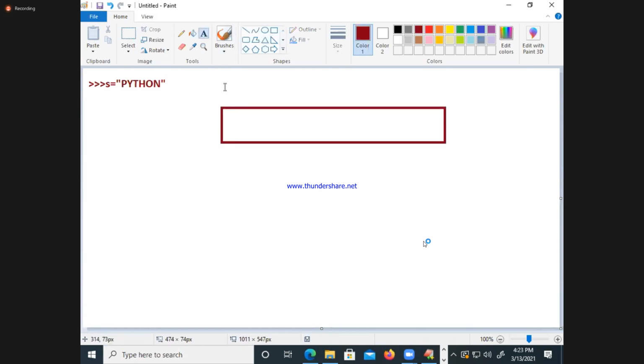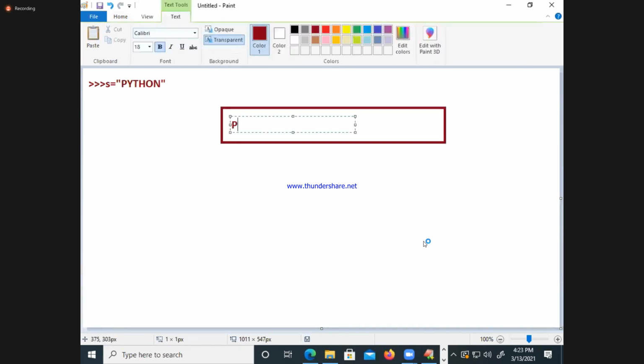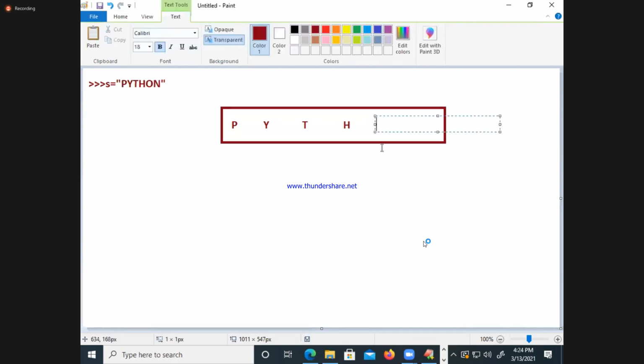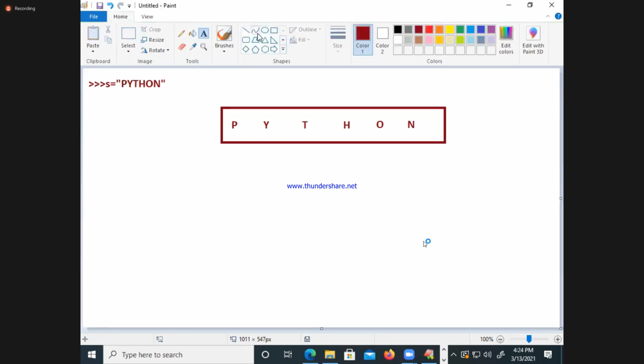Try to write P, Y, T, H, O, and next is N. Try to write it and make a partition of it. Try to write clearly.